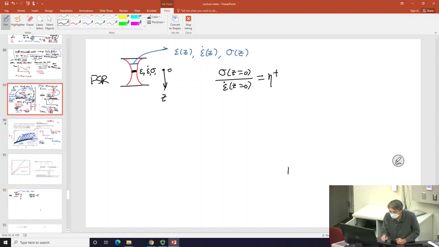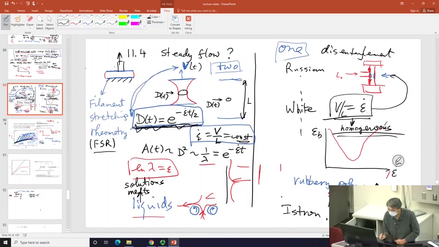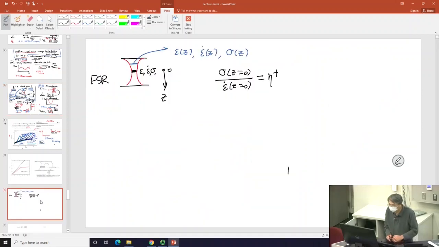Well, I think we did it here once before. Filament stretching rheometry. It's that device, the 2 disks. Okay.